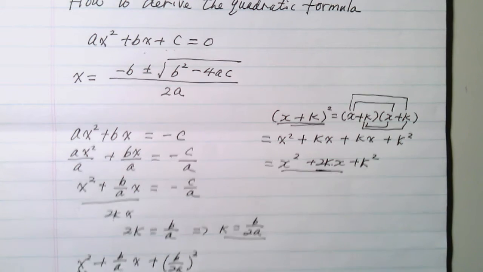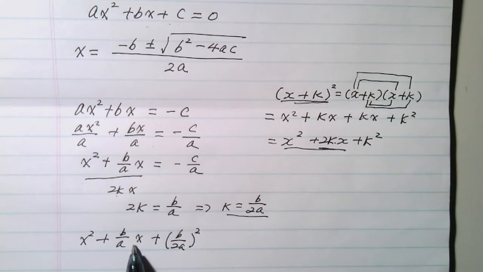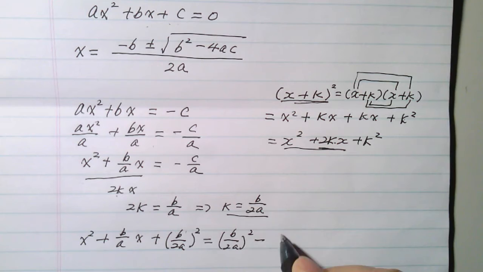That's x squared plus 2kx plus k squared. You add this b over 2a squared to the left, so you also need to add it to the right: b over 2a squared minus c divided by a.